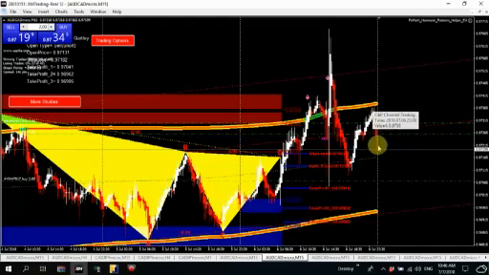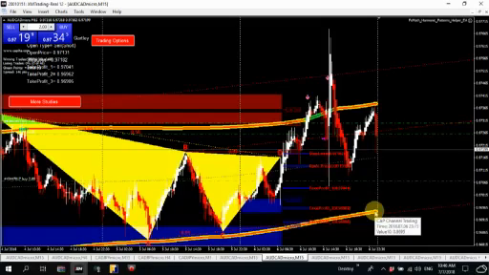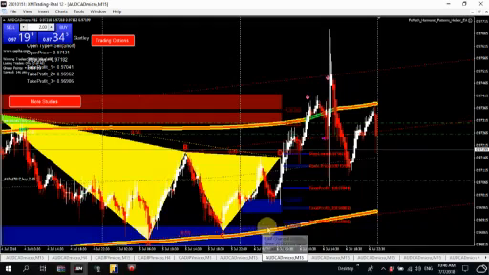Price is going to the bottom of this cap channel. Here, price is hitting the bottom of the Cipher band, the Cipher channel, not this yellow but this dotted band.